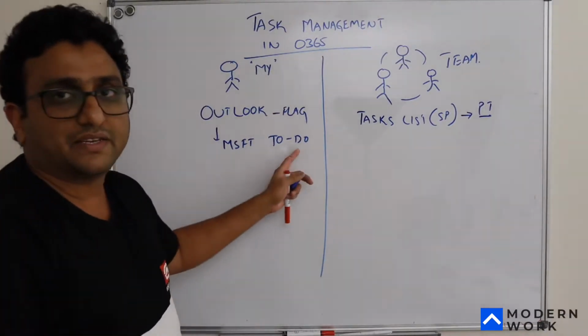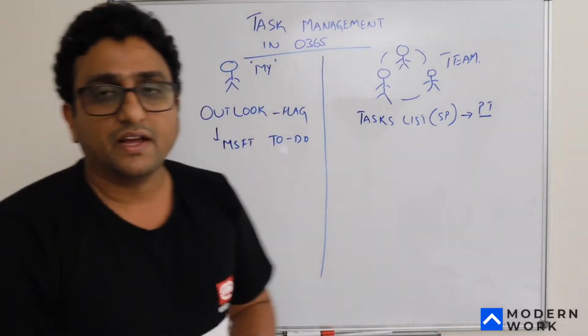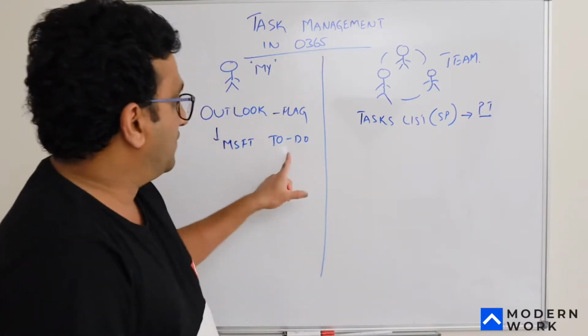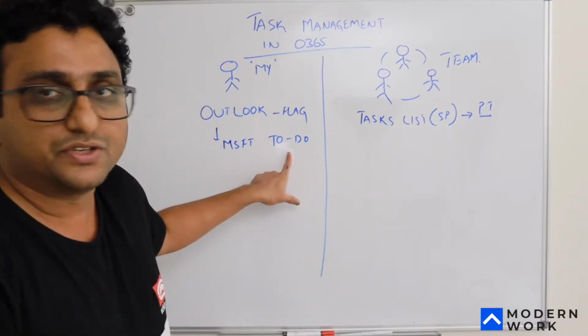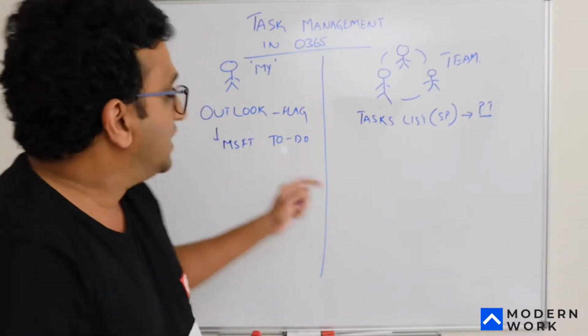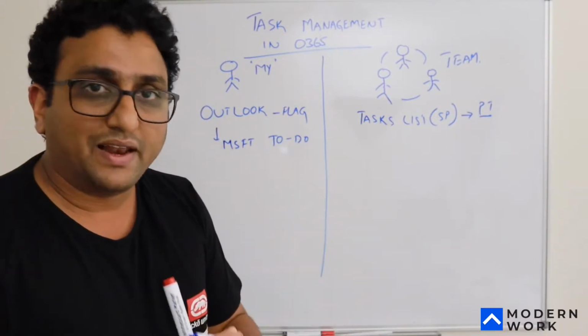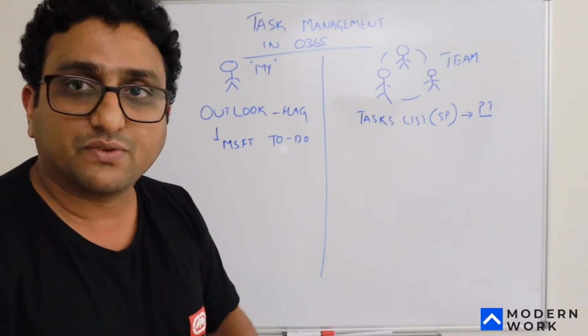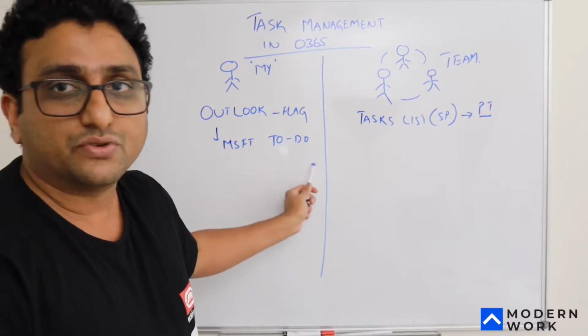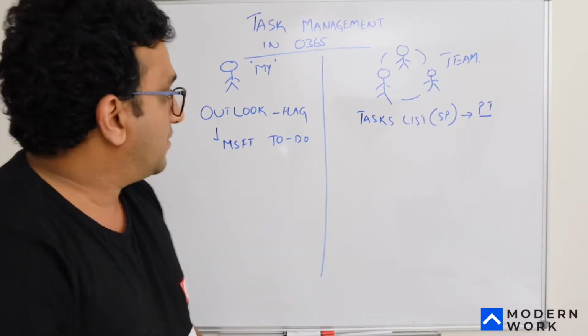This is your traditional, just like any other To Do app. Microsoft actually purchased a company called Wunderlist, and Wunderlist is a known mobile application for managing tasks on your phone. So they acquired that and brought that technology into something called Microsoft To Do, right?